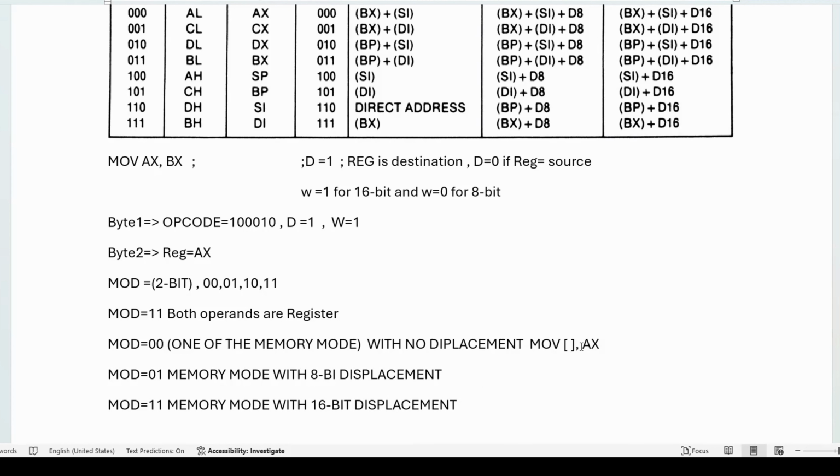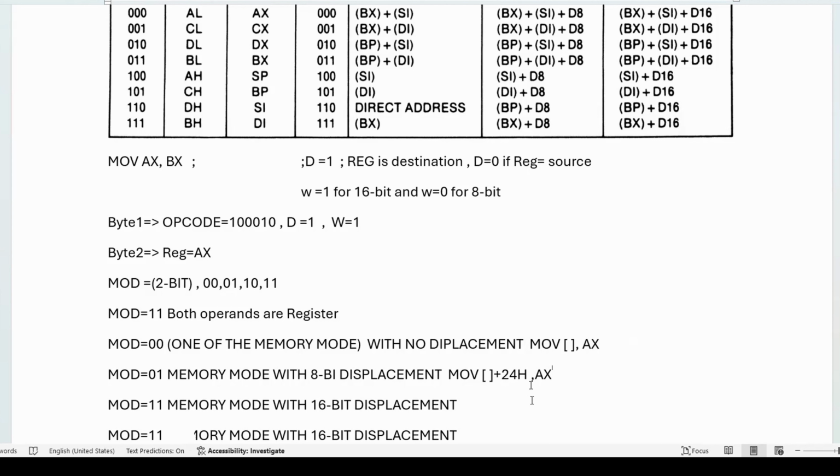We don't see any displacement over here. For displacement, it will be something like this: MOV, certain square bracket plus certain value. Let's say I'm going to write 24 hex. 24 hex is an 8-bit value. So this is an 8-bit displacement, comma AX.